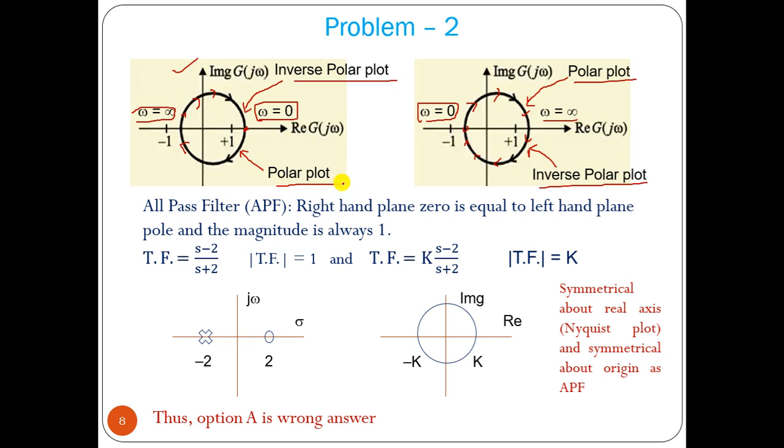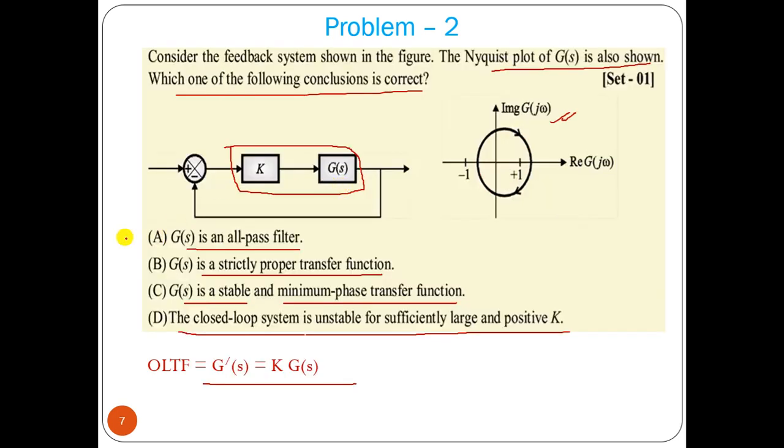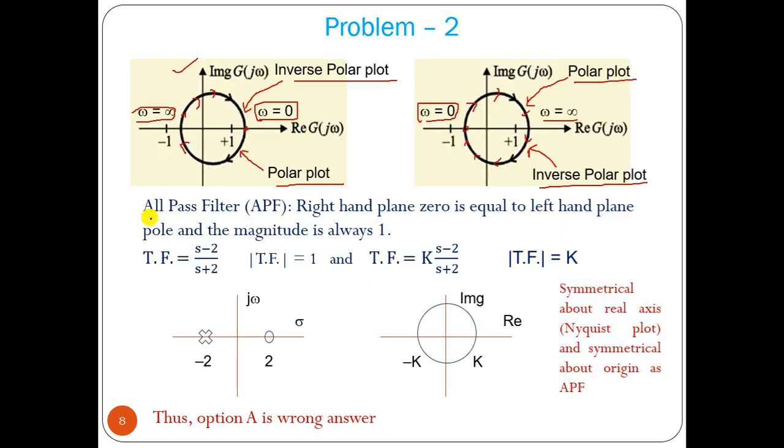Now let us check each condition, whether this system can be an all pass filter or not. What is the meaning of all pass filter? That means magnitude should be 1 for all frequencies, omega equal to 0 to infinity. So in that case, the right half plane zero is equal to the left half plane pole, and the magnitude is always 1.